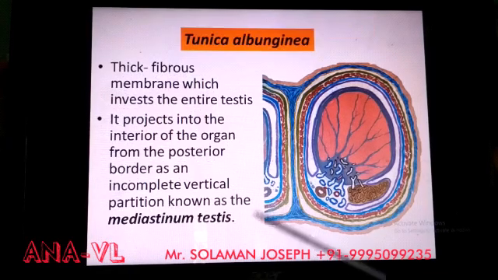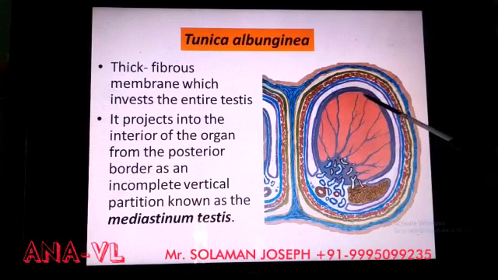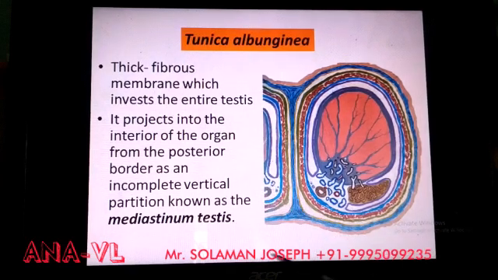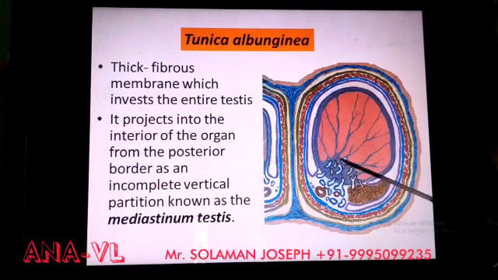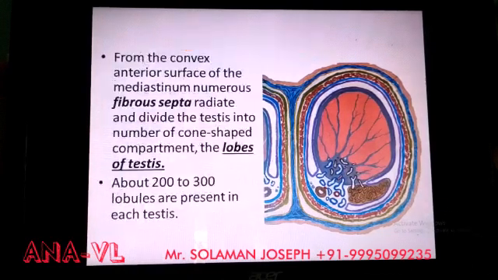Then another layer is called the tunica albuginea. The tunica albuginea is a thick fibrous membrane which invests the entire testis. Here we can see the tunica albuginea layer, this gray colored area. It projects into the interior of the organ and forms, at the posterior border, an incomplete vertical portion known as the mediastinum testis.